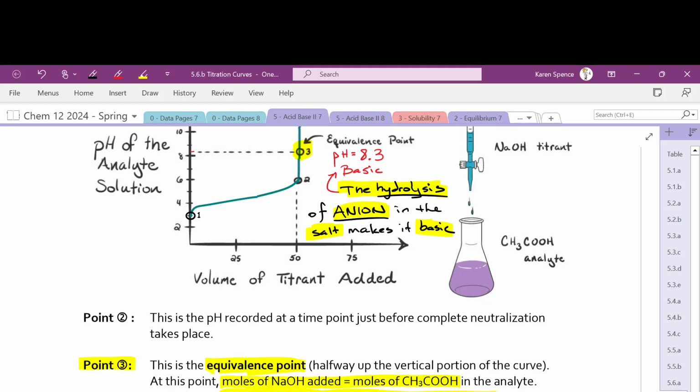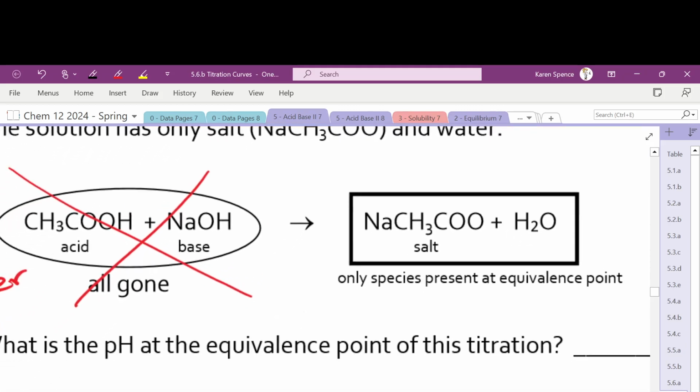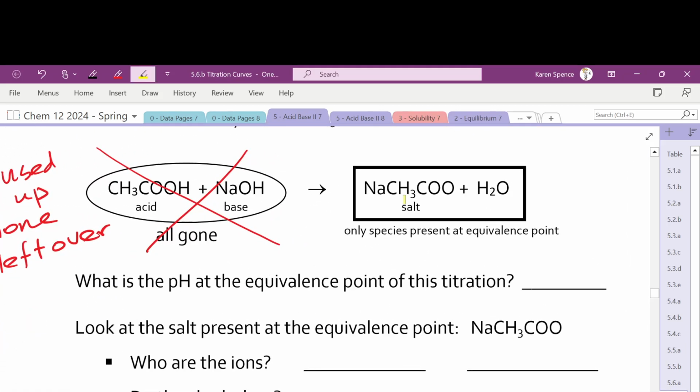So all we've got at the equivalence point is NaCH3COO. Who are the ions in the salt? Oh, sorry, let's write this in here, 8.3. Na+ and CH3COO-. Does Na+ hydrolyze?